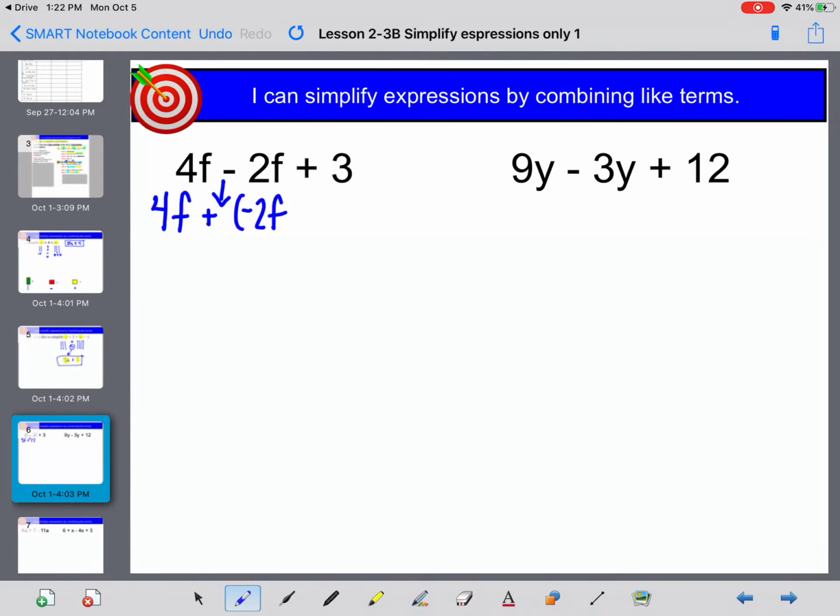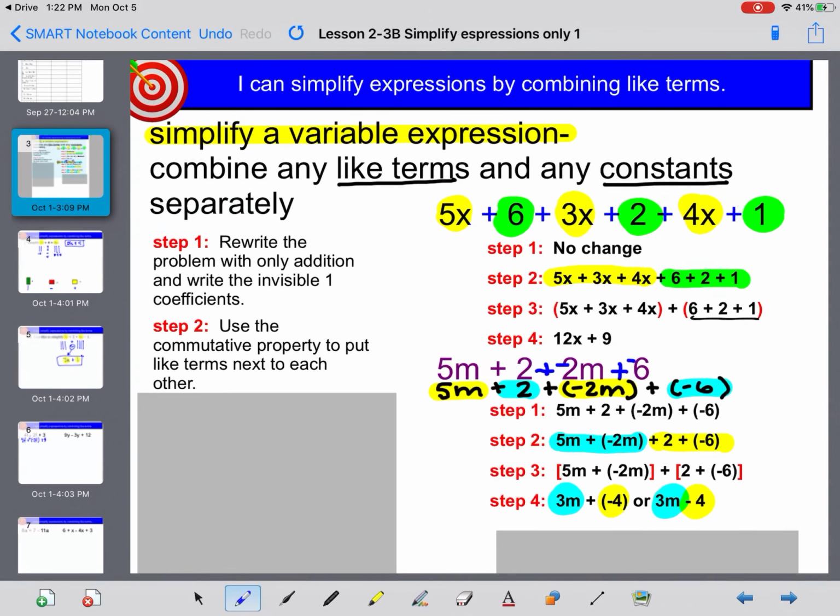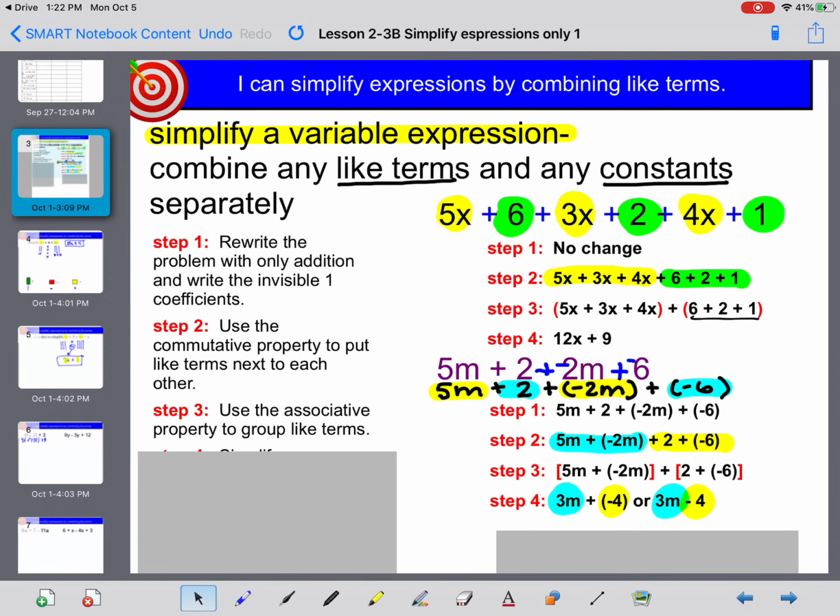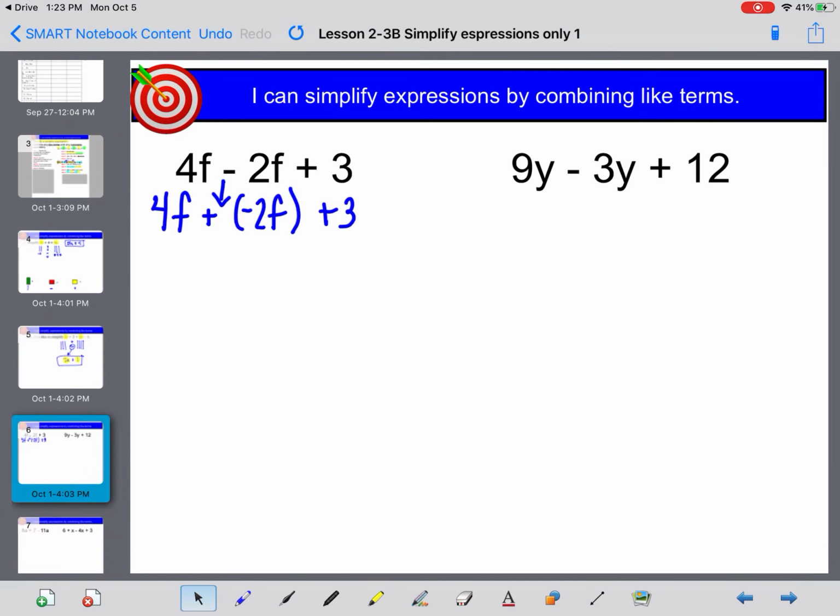The second step, put my like terms by each other. I did that. My third step, refer back to it in your notes. Use the associative property to group them and then simplify. So my associative property allows me to group 4f and negative 2f.